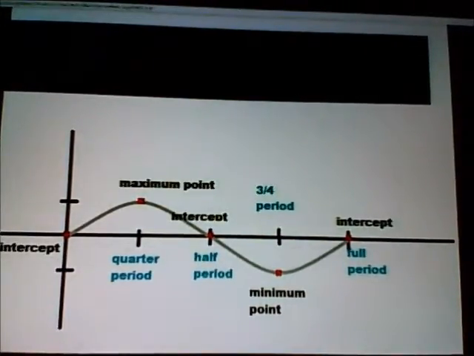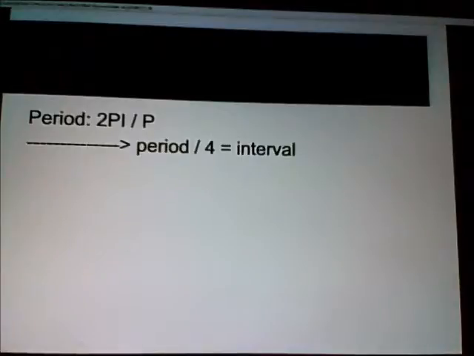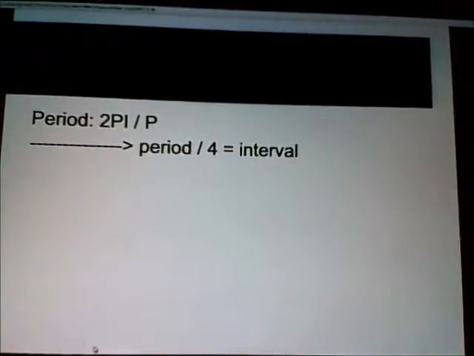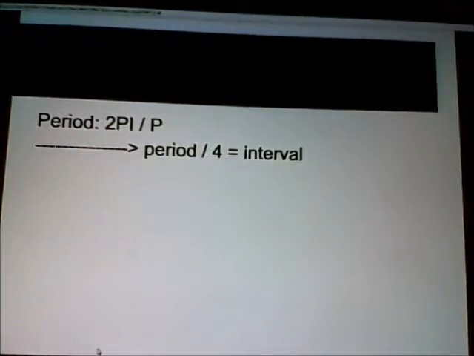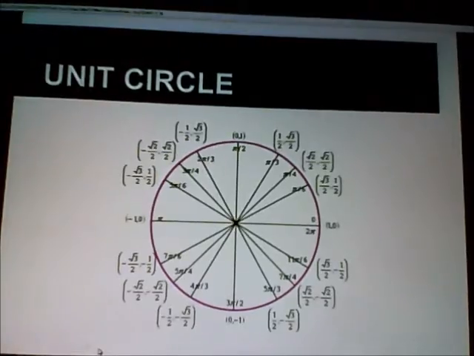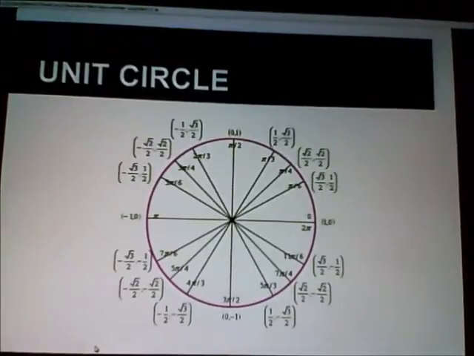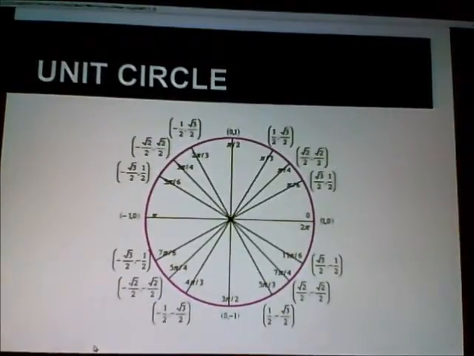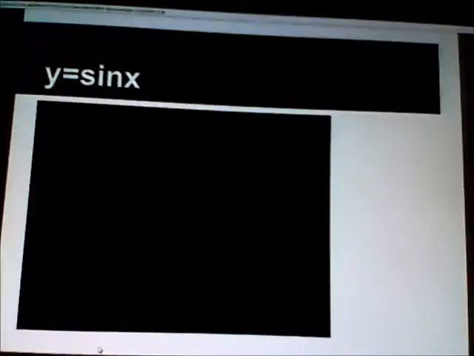However, instead of doing that, you can easily find those points by first finding the period by 2 pi divided by P. And you can find the other points easily by finding the interval, which is found by the period divided by 4. You should also memorize the unit circle in order to graph by hand.